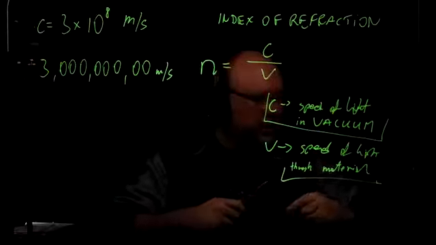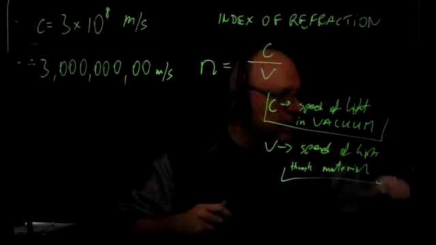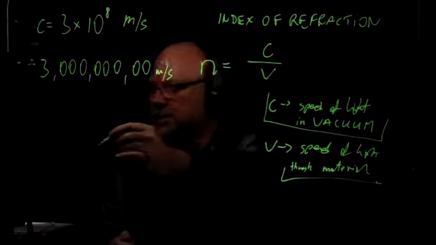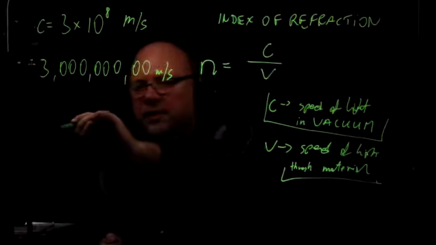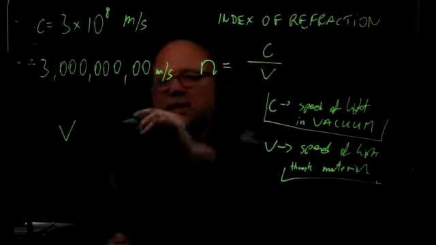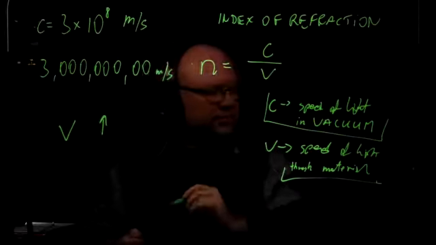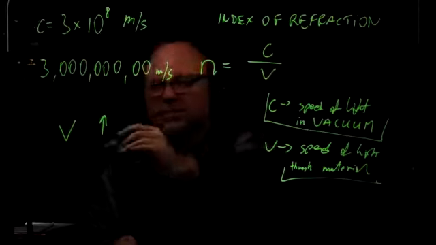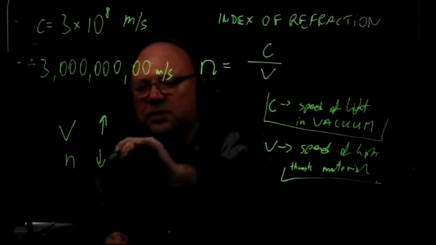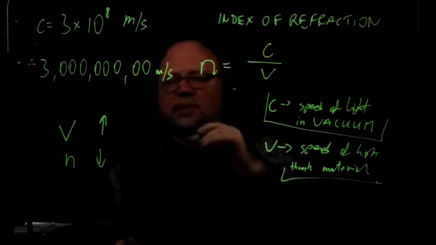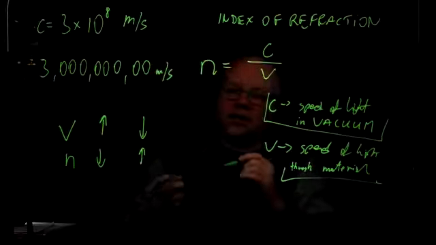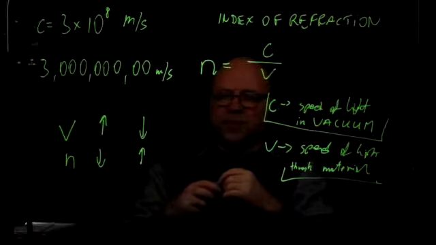Okay. Let's see if we can, yeah, so this is the next slide that you can see. If V, the speed, increases, then the index of refraction is going to decrease. At the same time, if the speed decreases, then the index of refraction is going to increase.